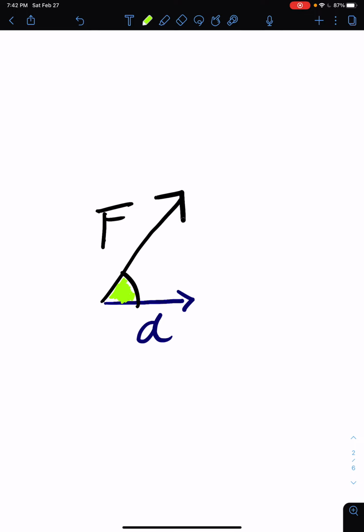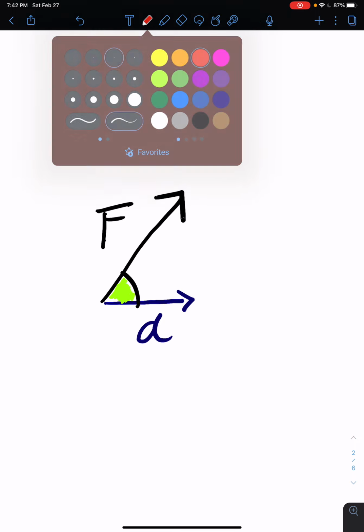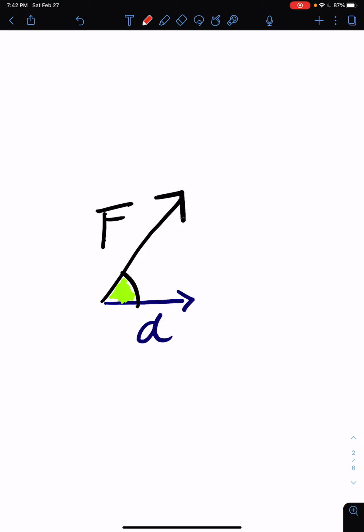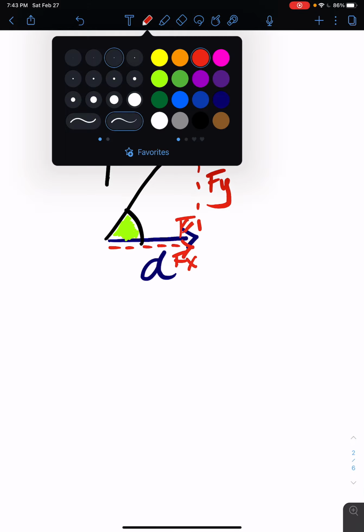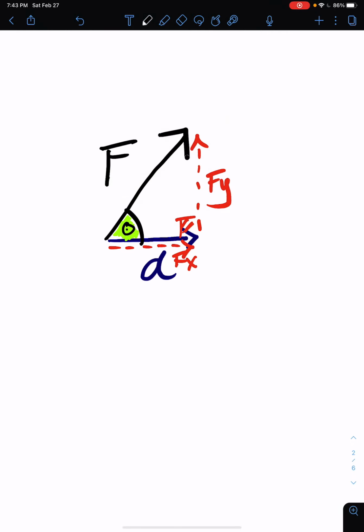So what I want to point out here is that the force F can be split into an F of X and an F of Y. And this creates a 90-degree right angle right here, where theta is still this green angle.